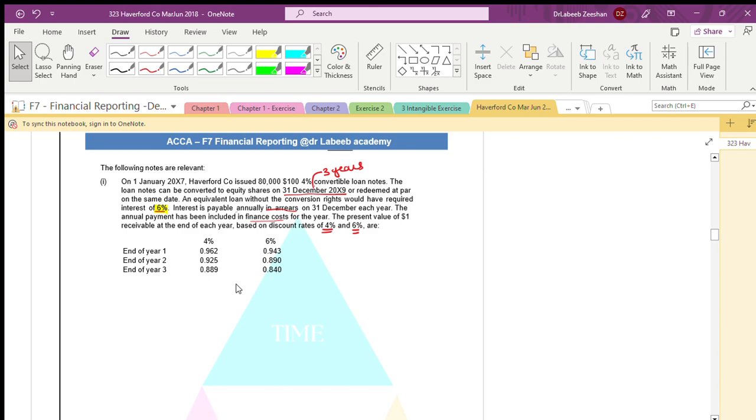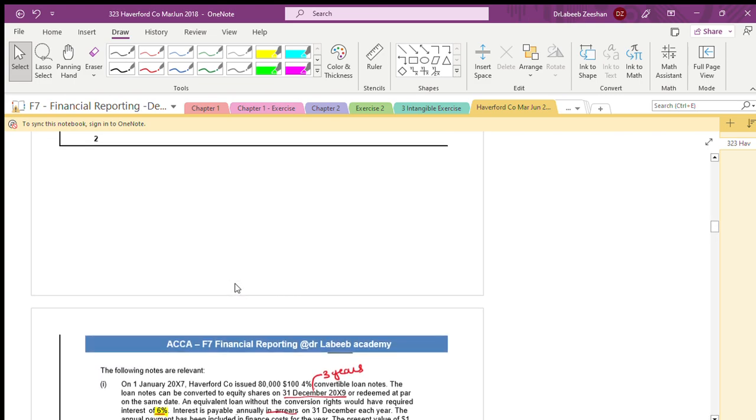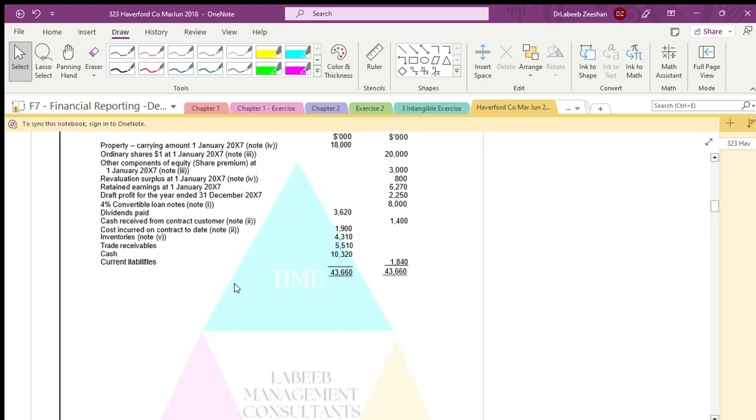They gave us 4% convertible loans of 8,000. This is related to note 1.